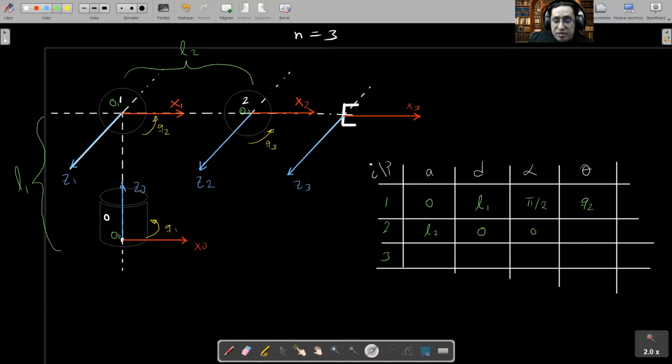And the next is, of course, the angle we need to rotate about theta 1 such that X1 and X2 are aligned.